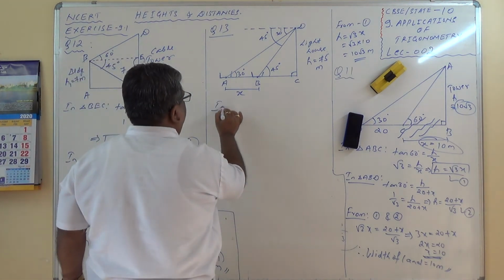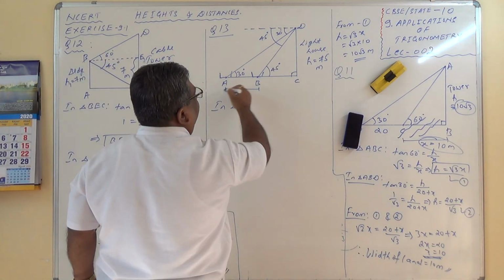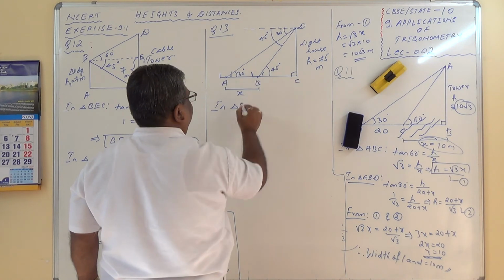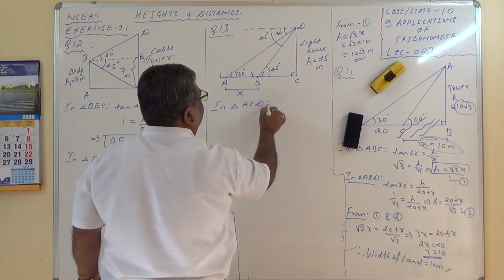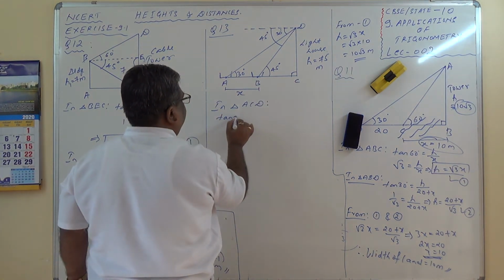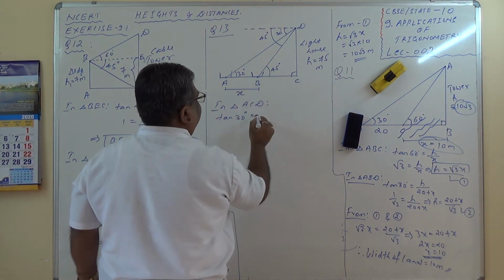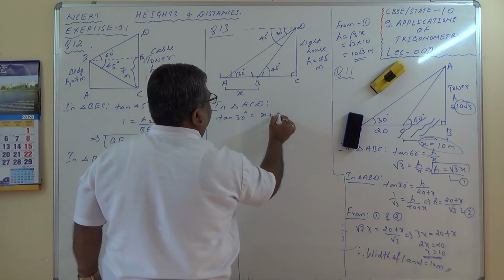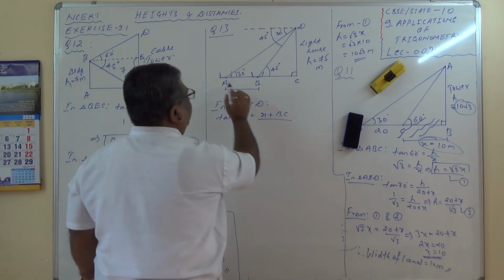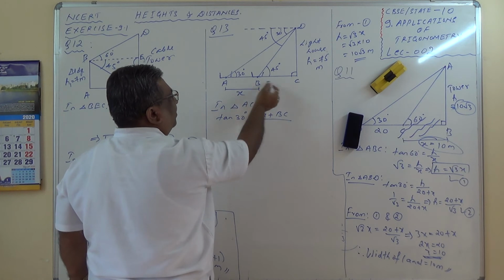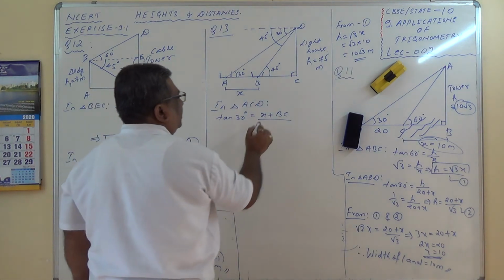So in triangle ACD, tan 30 equals, X plus BC, that is AC basically.